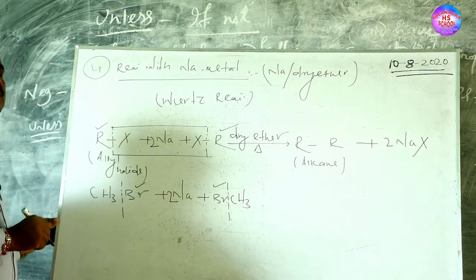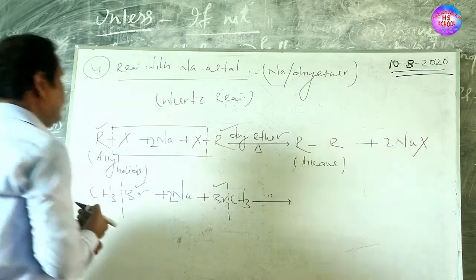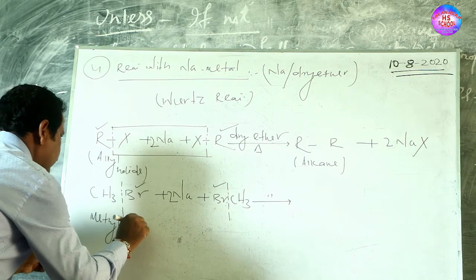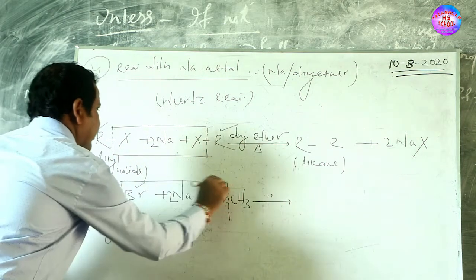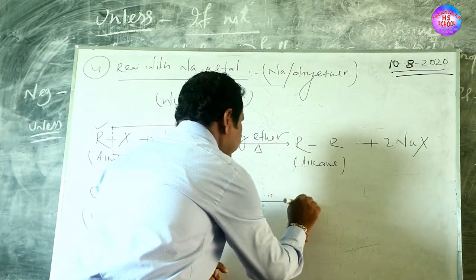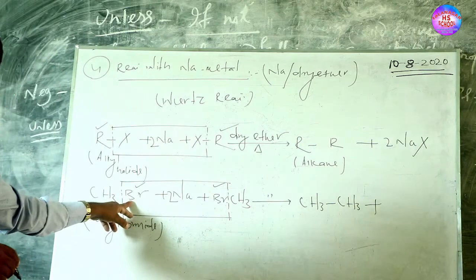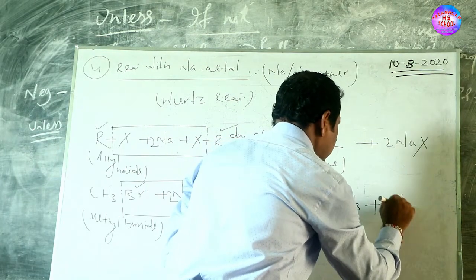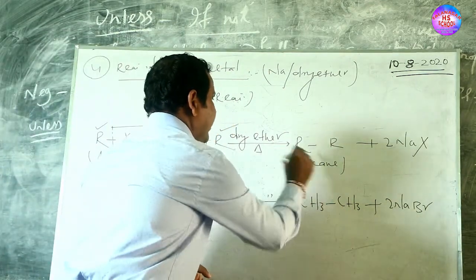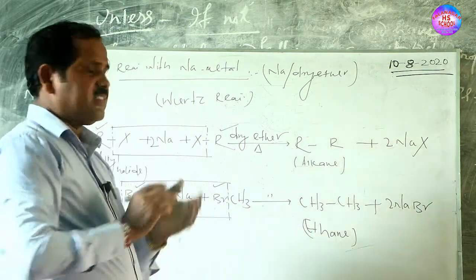So we write 2Na, in presence of dry ether, to give CH3 single bond CH3 plus 2NaBr. The two carbon atom alkane is called ethane. This product is called ethane.